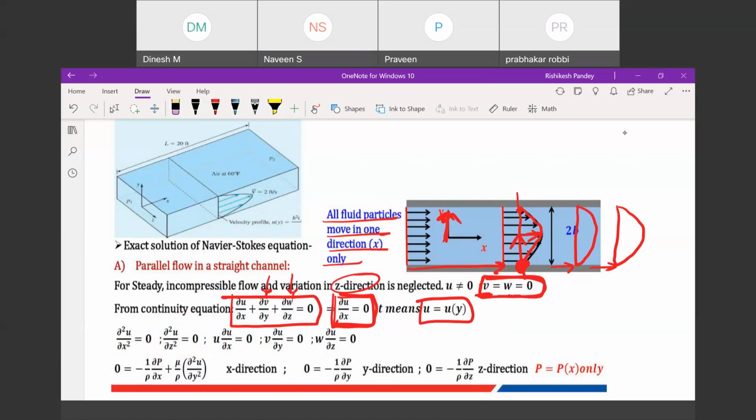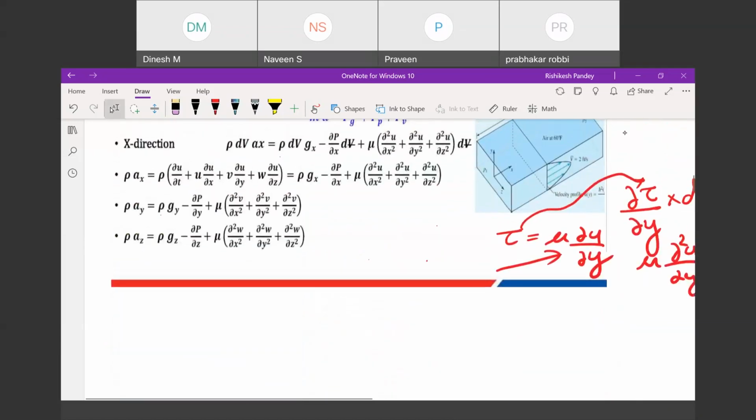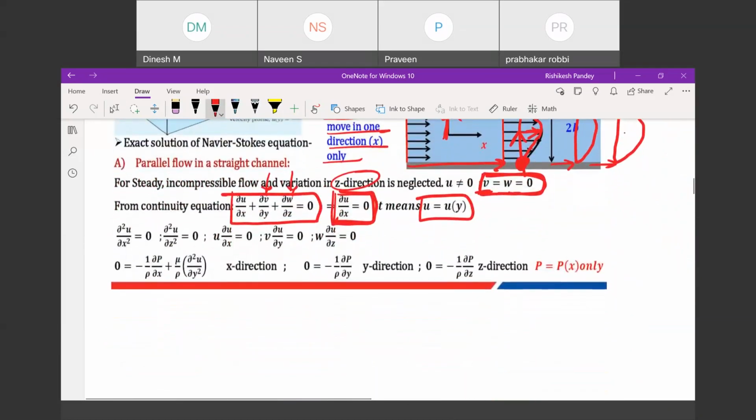And then we'll put all these assumptions in these 3 equations. Because to solve a fluid flow, we'll have to solve these 3 equations, which are the conservation of momentum equations, and then the conservation of mass equation. So finally we'll get 3 equations. From here you will have to start remembering things.